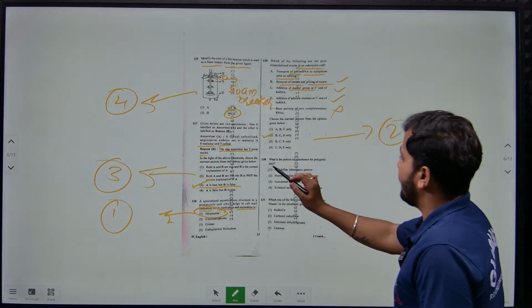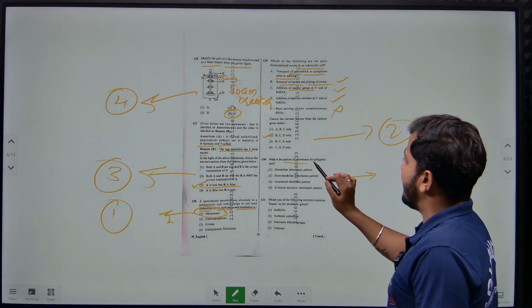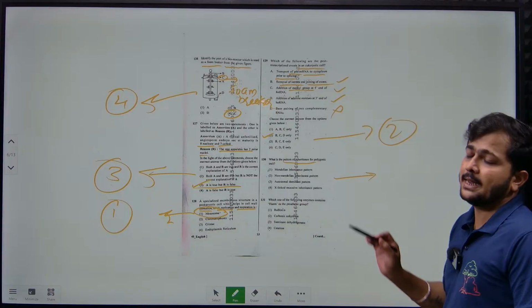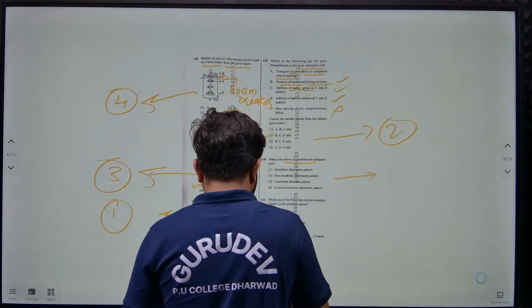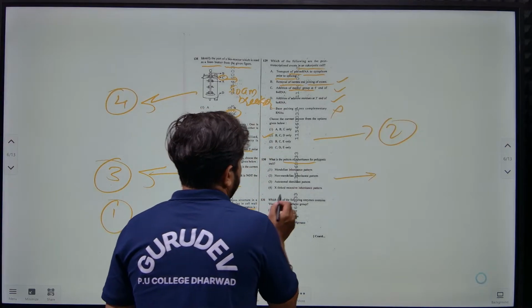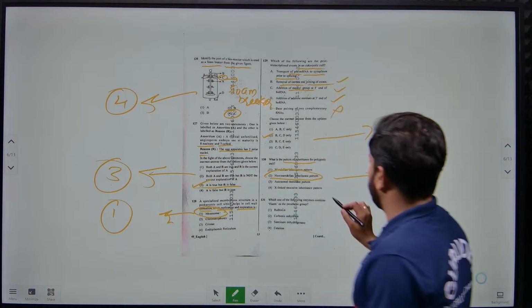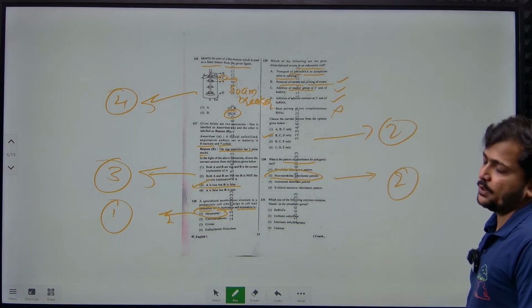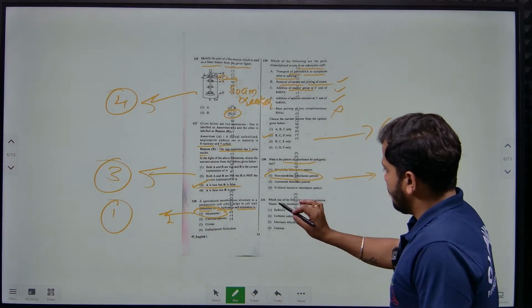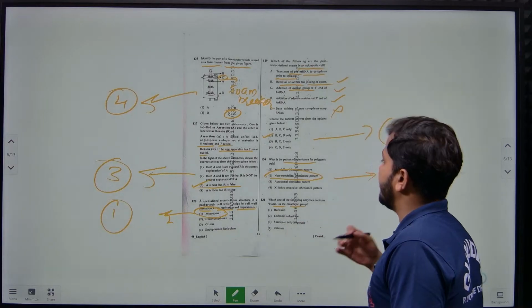Then moving on to the next, that is the 130th question. What is the pattern of inheritance for a polygenic trait, right? So the pattern of inheritance of a polygenic trait is nothing but a non-Mendelian inheritance pattern, right? So that is known to be the non-Mendelian inheritance pattern, that is option 2 here, right? Then which one of the following enzymes contains heme as a prosthetic group, right?